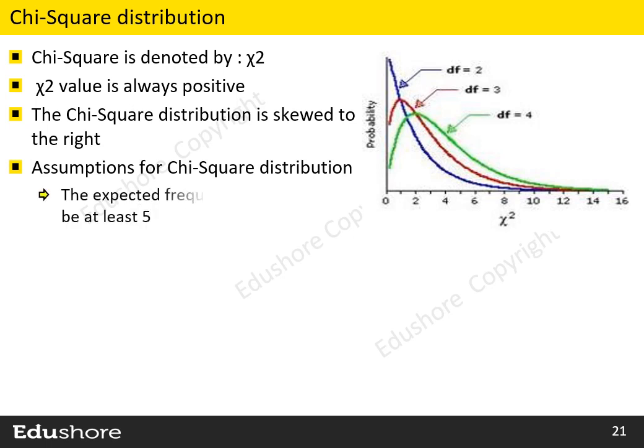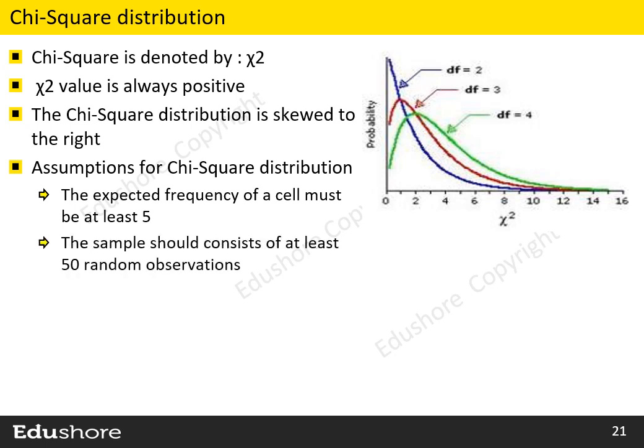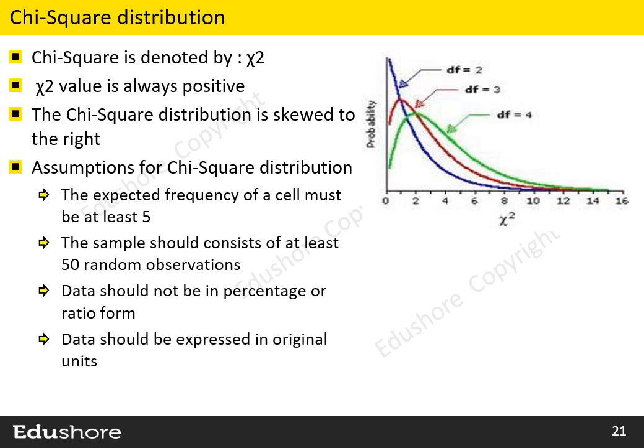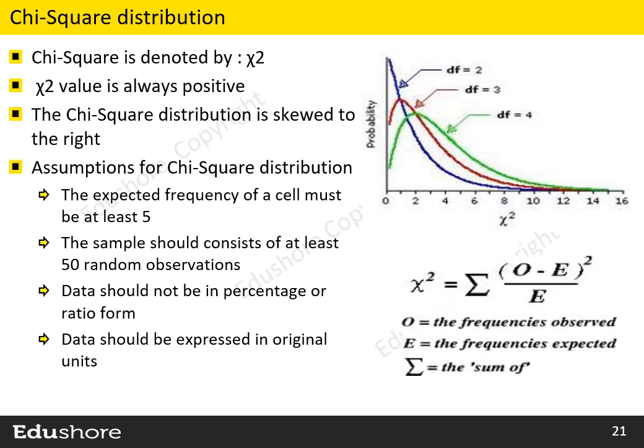The expected frequency of a cell must be at least 5. The sample should consist of at least 50 random observations. Data should not be in percentage or ratio form. Data should be expressed in original units. Here is the formula for chi-square value.